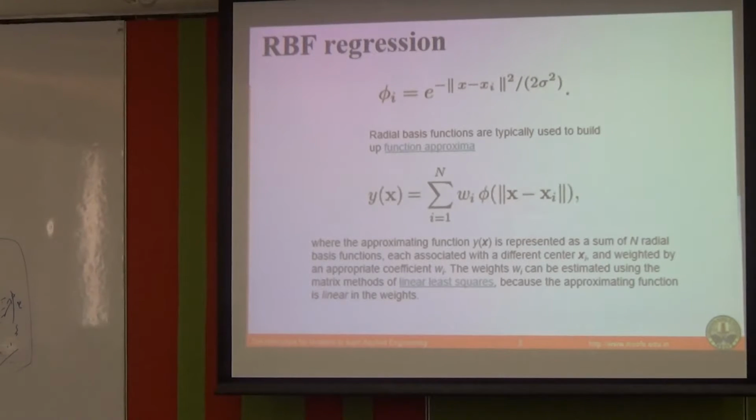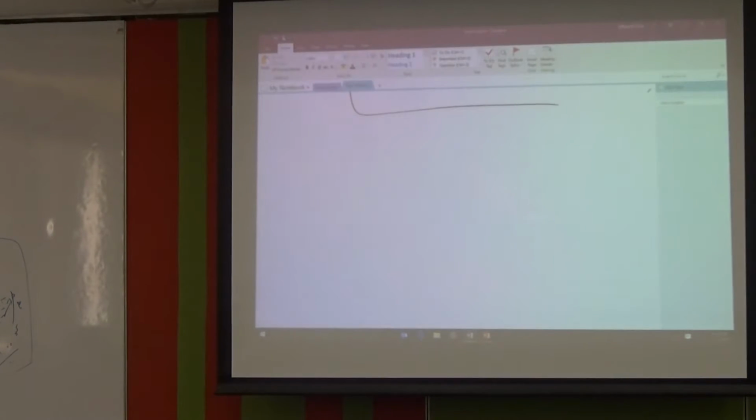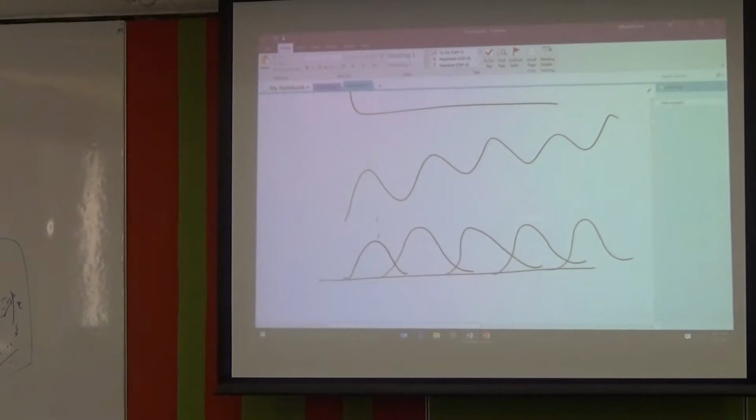All I am saying is, can I not write my y as this, as a sum of bell curves? I will use a different amplitude and different wavelength. Is that fine? Yes or no?